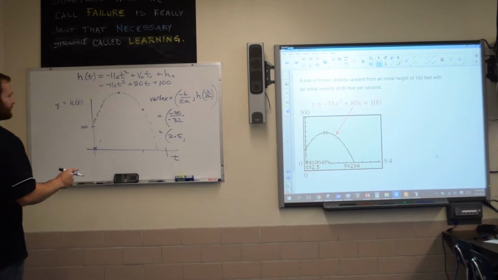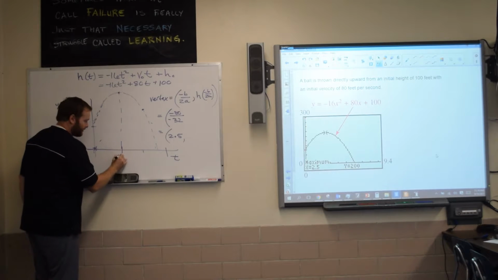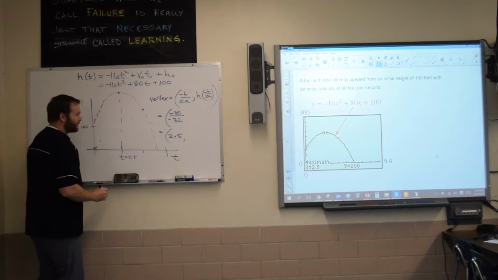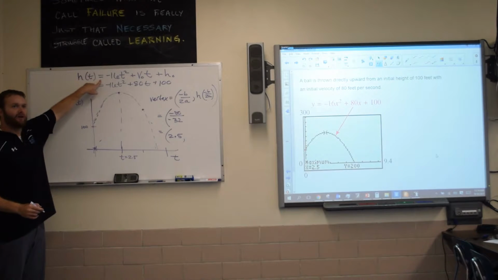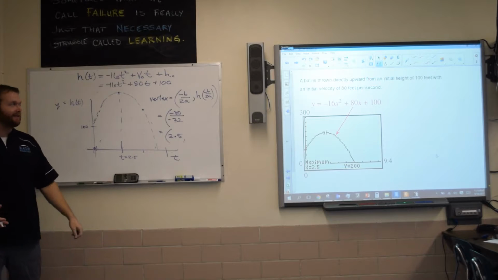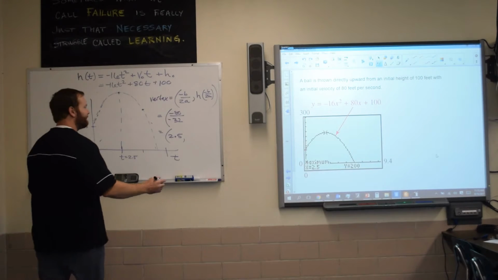Now what we're going to do, if that's the time in which we reach our maximum, I can now plug that t back into this function. So take negative 16 times 2.5 squared plus 80 times 2.5 plus 100. Okay?